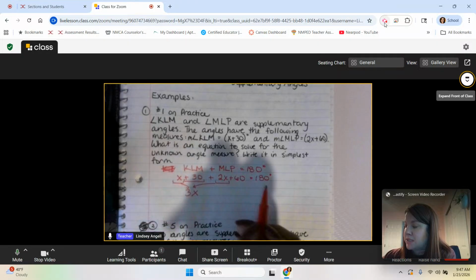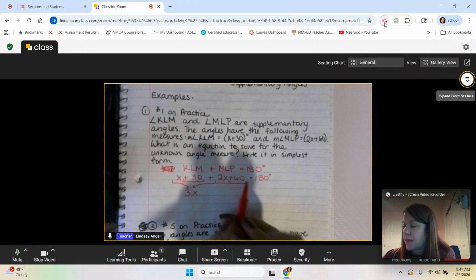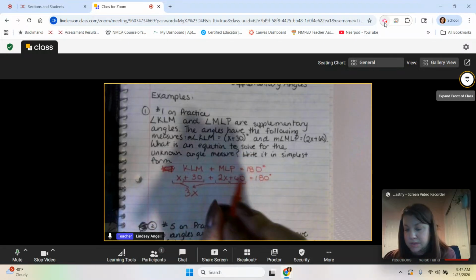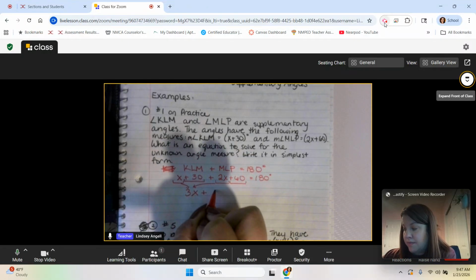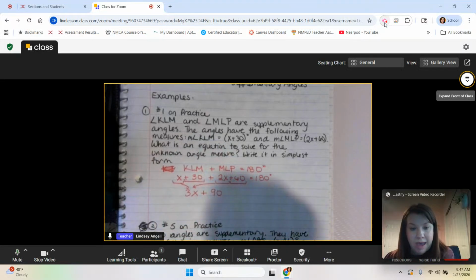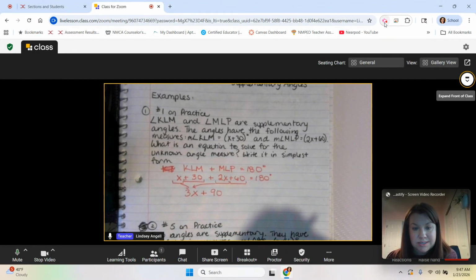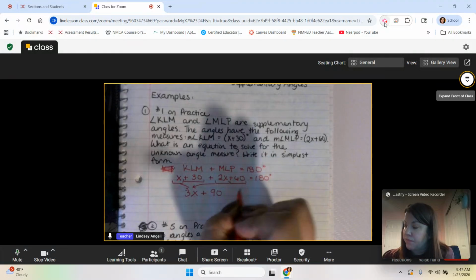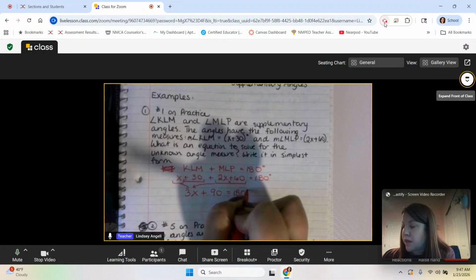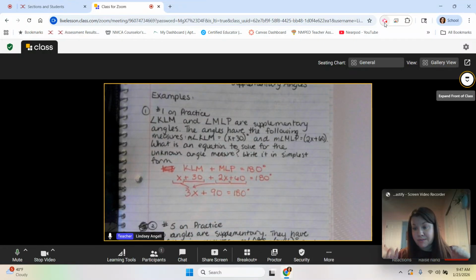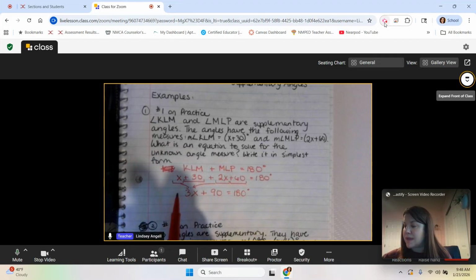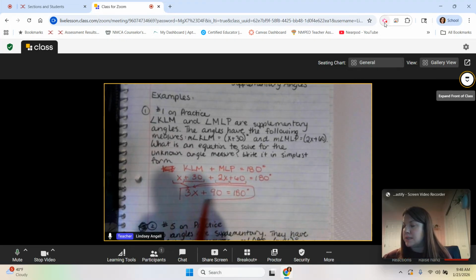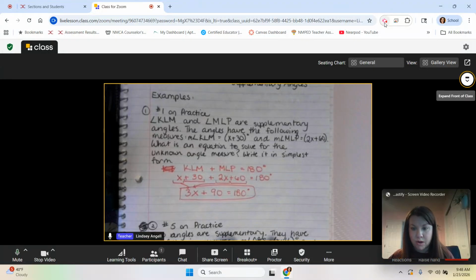We have positive 30 and positive 60. So if we add those together, we get positive 90. Remember, you have to consider the sign that's in front of the number. And that is equal to 180 degrees. This is as far as we can go simplifying it without actually solving for x, okay? So this right here, this is what the question is looking for.